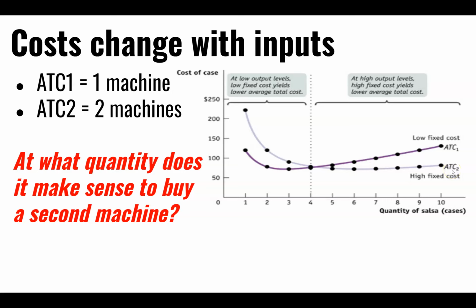So in this case, if I'm only having to produce two cases of salsa, then it would make sense to only have one machine because at an output of two, the average total cost is lower for one machine than it is for two. If, however, I'm making 8 cases of salsa into the future, then it would make sense for me as the firm to lower my costs by employing a second machine because at a unit of 8, the average total costs are lower when I'm having two machines being used rather than one.